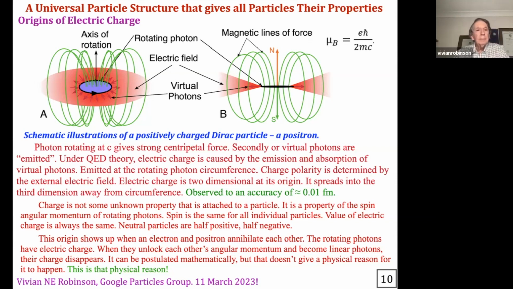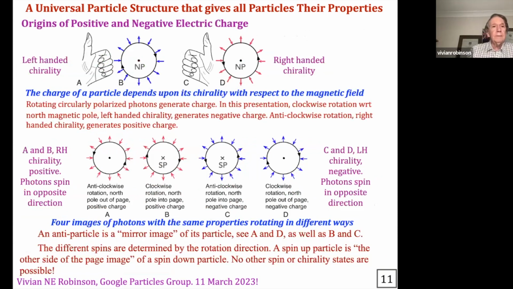Then we come to polarities of charge. Well, you saw in the earlier couple of slides back that the electric field is perpendicular to the magnetic field.